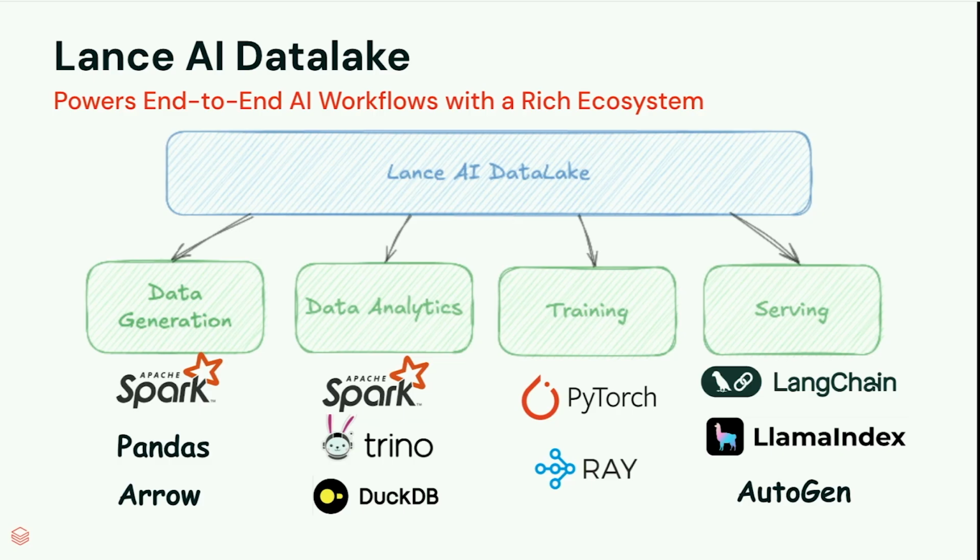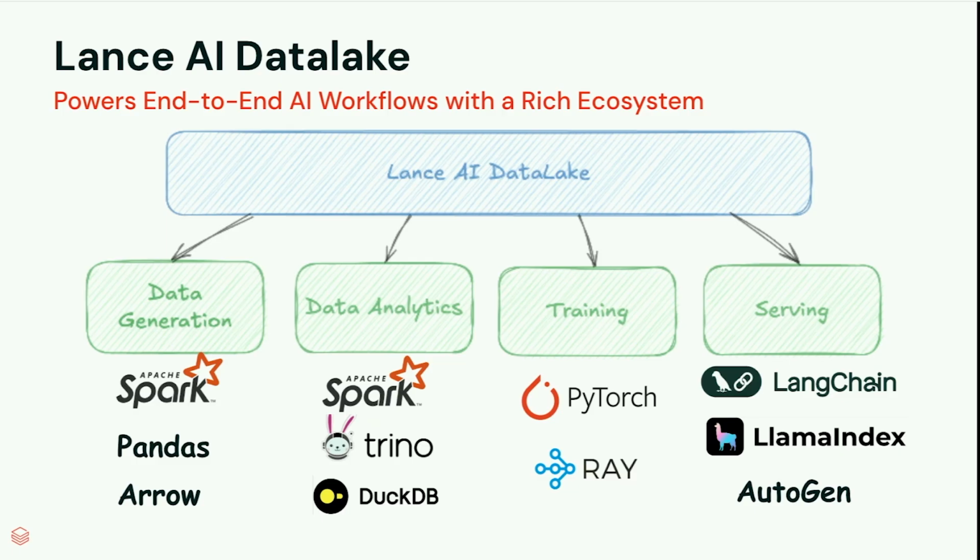After your data is saved in the Lens AI data lake, you are able to analyze this data and get information out of it, leveraging Spark and Trino to do your SQL queries and BI workloads. And you are able to use PyTorch and Ray to do training on the multimodal data.